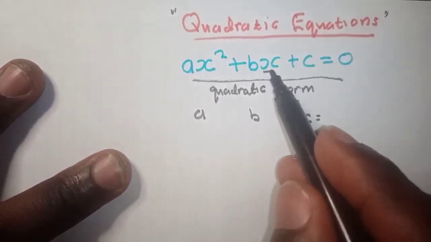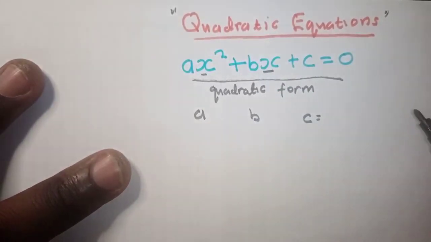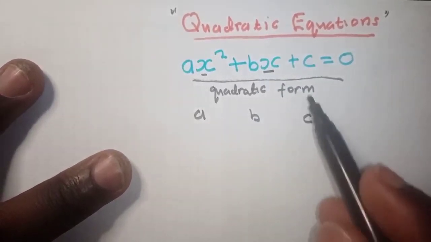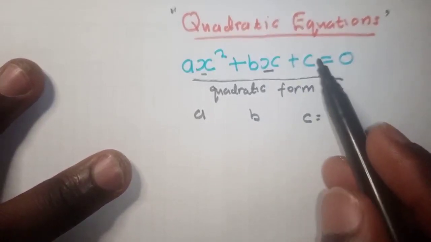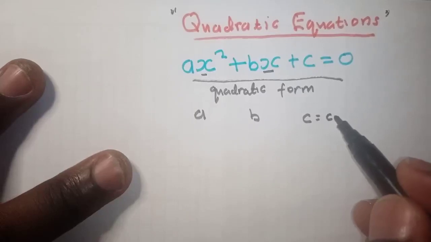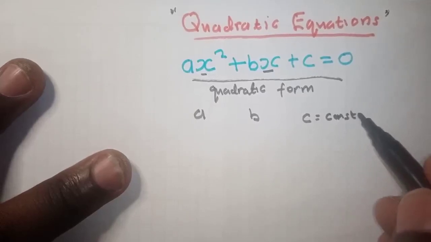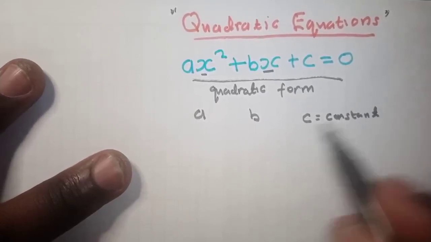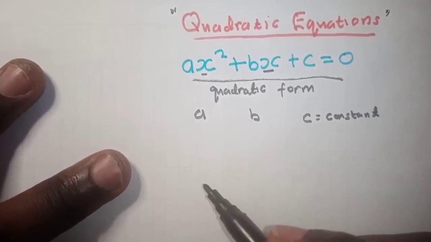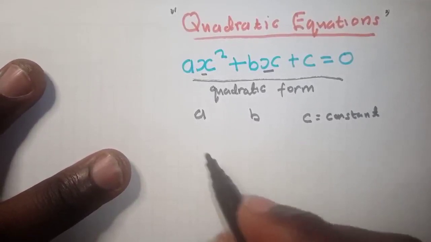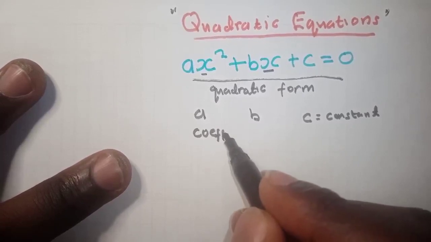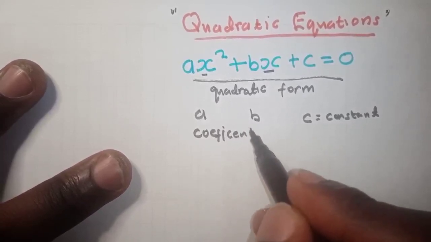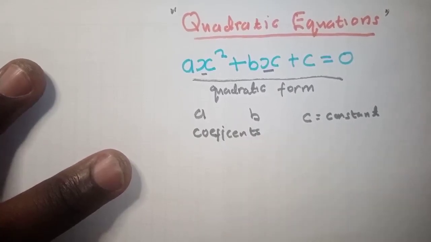We call this x a variable, according to algebra. Any number without a variable, for example c, is called a constant. A and b are known as coefficients.